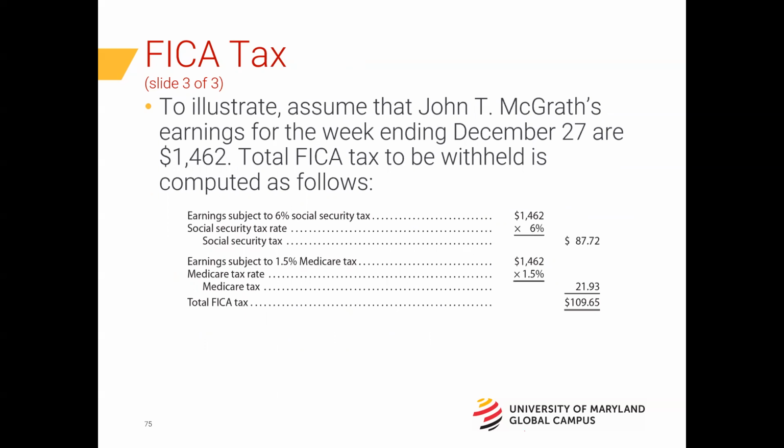So the employee had to pay $87.72 to Social Security. Medicare, well, both the employer and the employee had to pay that amount. Medicare, 1.5%. 1,462 times 1.5%, they had to pay $21.93 to Medicare. The total FICA withholdings is $109.65.